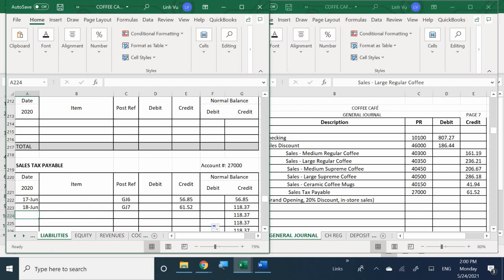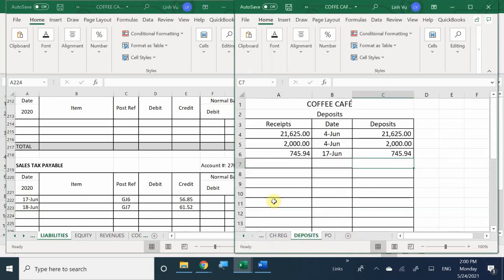Now we have to update our inventory. One more thing you have to do before this. Oh, we've got deposits. So how much money did we receive? 807.27.